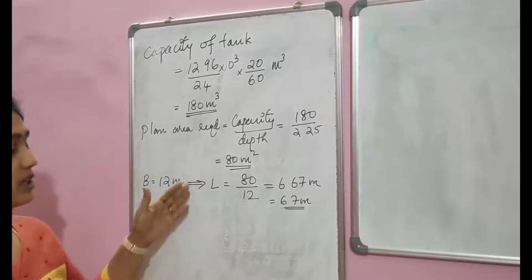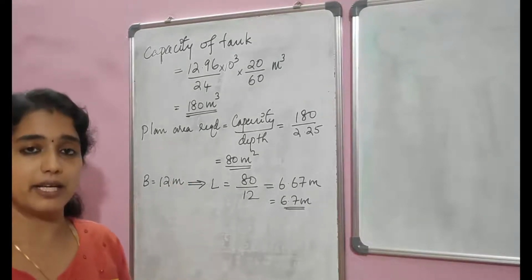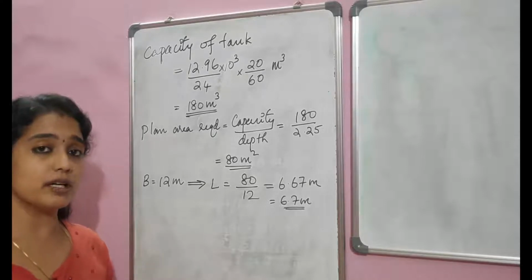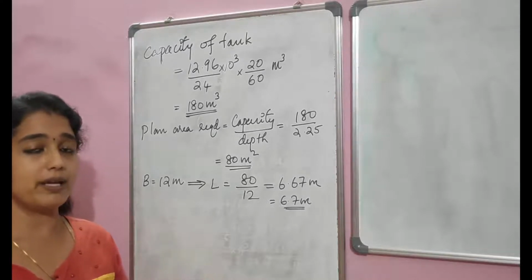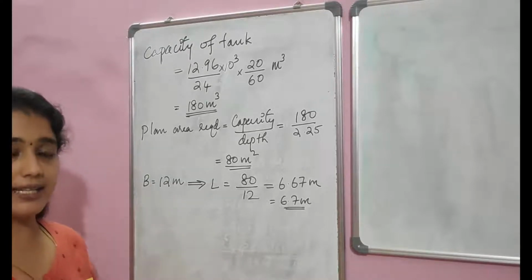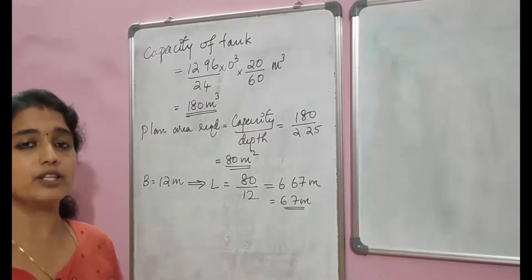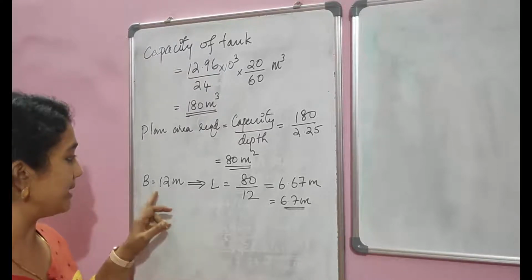And this floc chamber is constructed immediately before the sedimentation tank. Then the width of the flocculation chamber will be the same as that of the sedimentation tank. We have already assumed the width of the sedimentation tank as 12 meter.